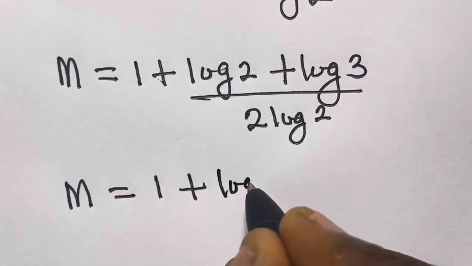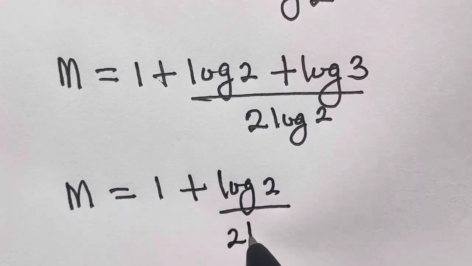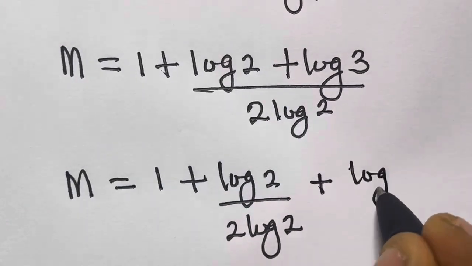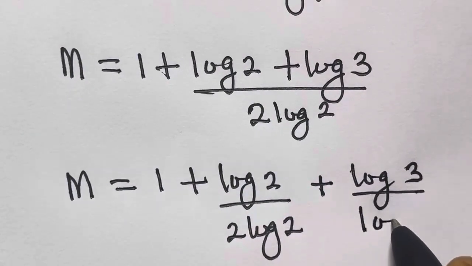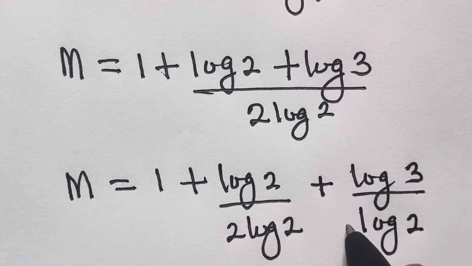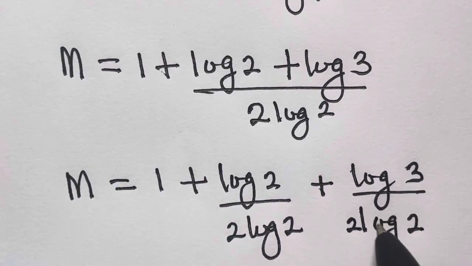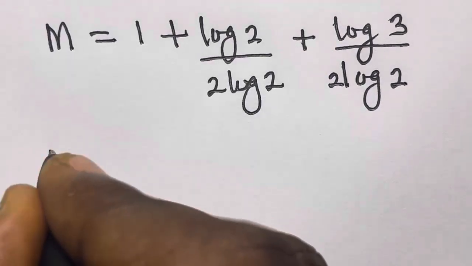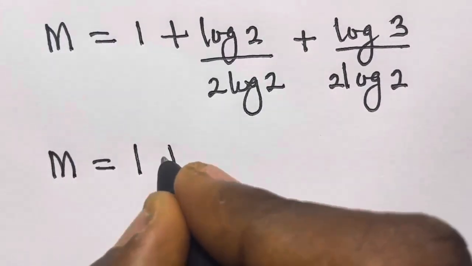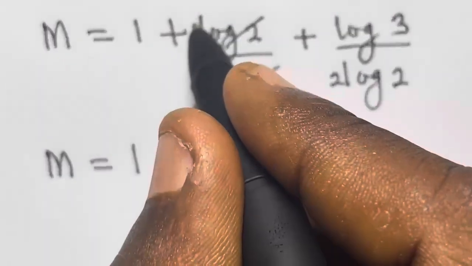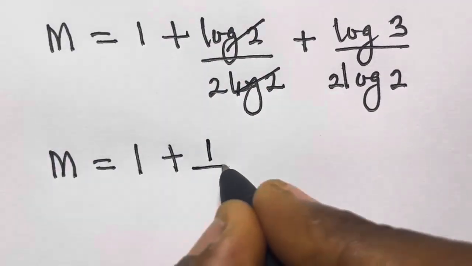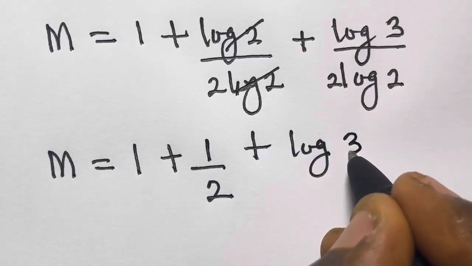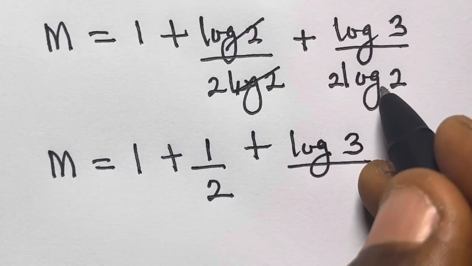So we have log 2 divided by 2 log 2 plus log 3 divided by 2 log 2. So we'll have m equals 1 plus, we cancel this log 2, we'll be left with 1 divided by 2 plus log 3 divided by, so this one becomes log 4 back.